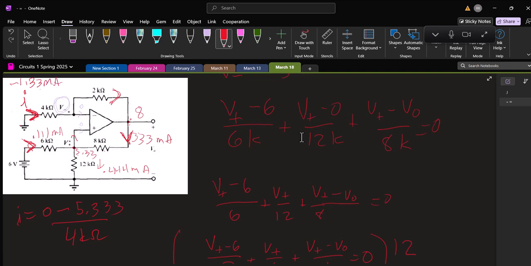And that's fine. It's saying it's negative, it just means it's really flowing the other way. Now, you'll notice what that means is we have 1.33 milliamps going this way, and we have 0.33 milliamps going that way, whereas that current is coming from the op amp.